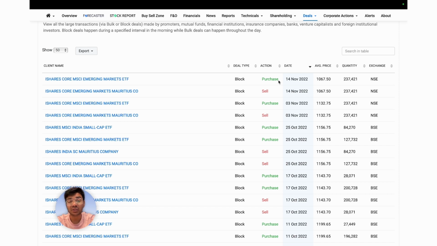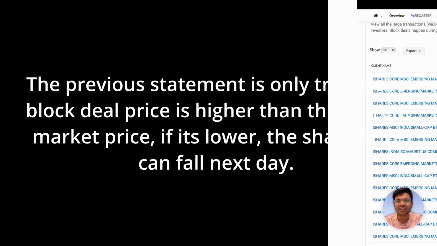Remember, there are a lot of institutional investors which might do stock hyping and you might lose all your money. So don't do it. But if it's a fundamentally strong company and you see that there has been a recent block deal, maybe yesterday, I think it's a good plan to buy the stock the next day, maybe in small quantities. That would definitely give a push to the stock price.